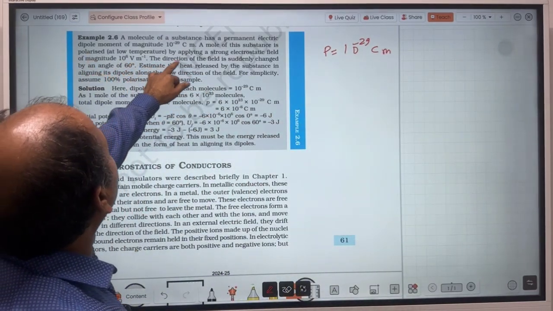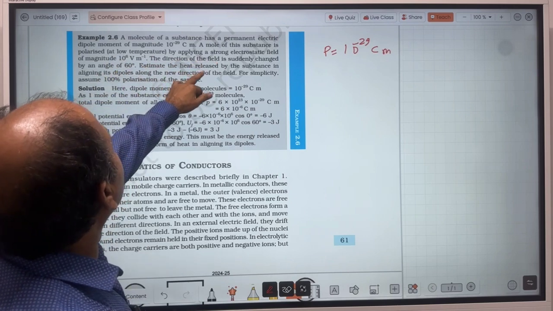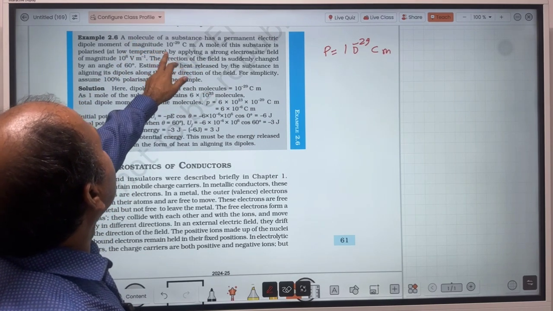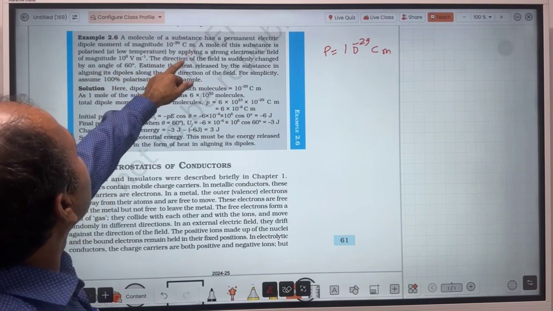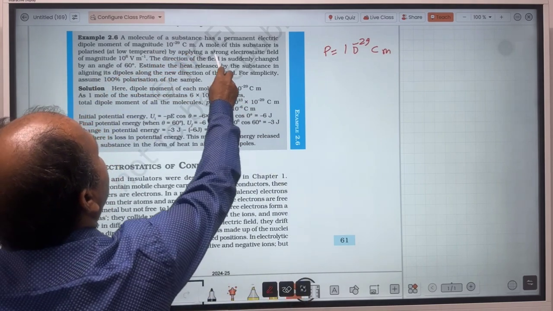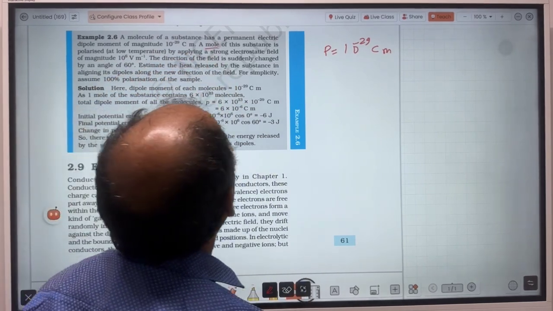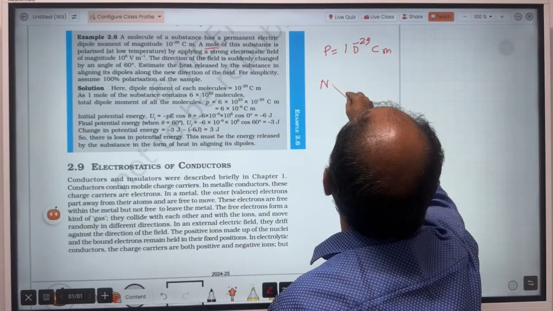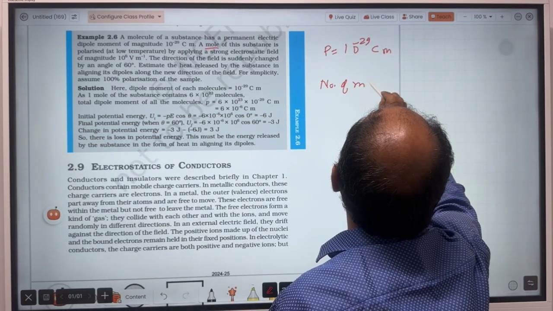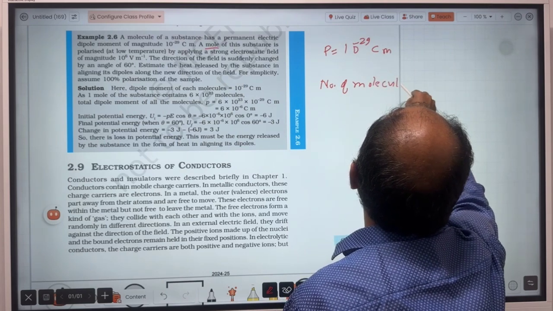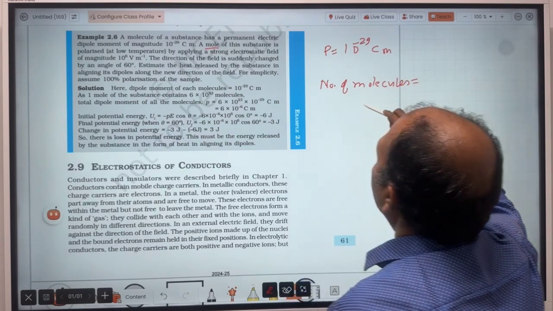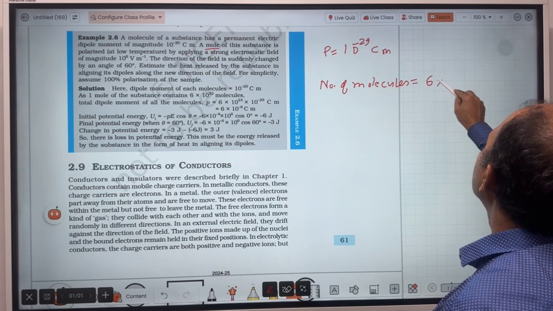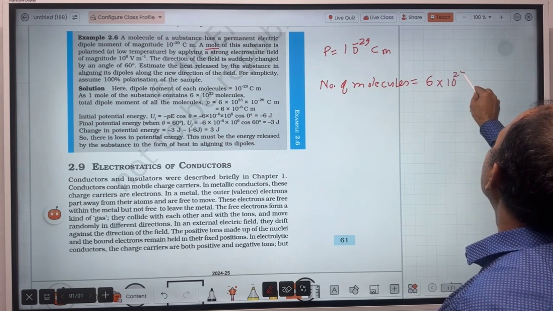A molecule of a substance has a permanent dipole moment of this much, and a mole of this substance is taken. So the number of molecules will be equal to the Avogadro number, say 6.022 into 10 power 23. So just take 6 into 10 power 23.